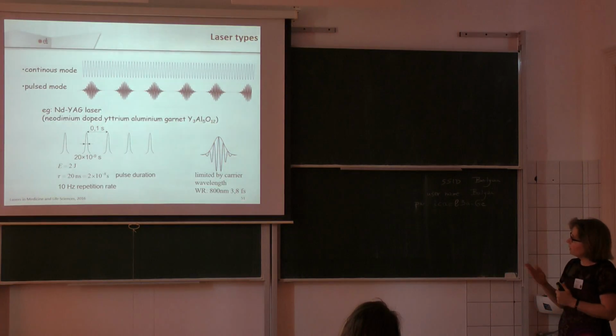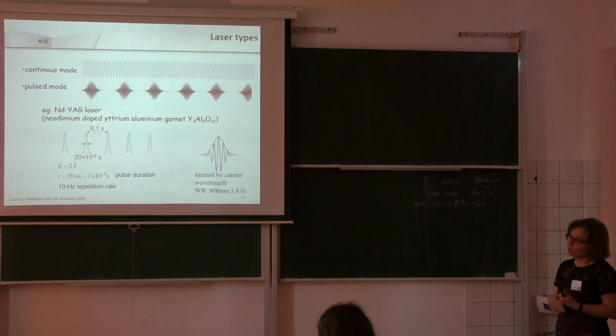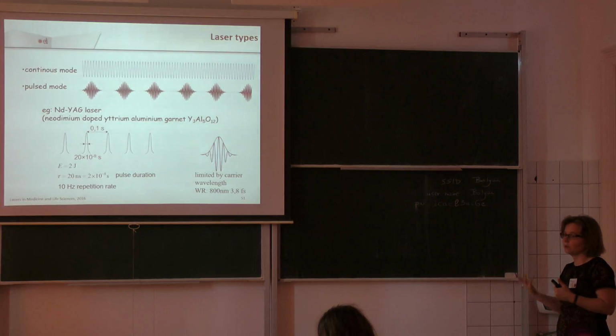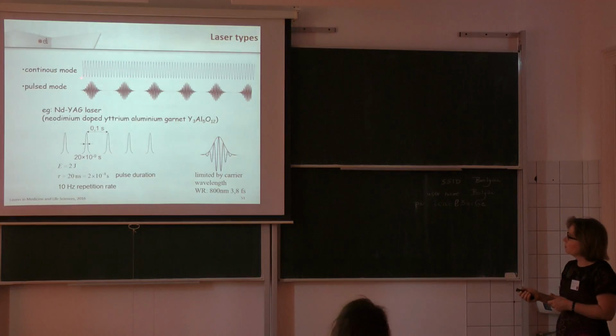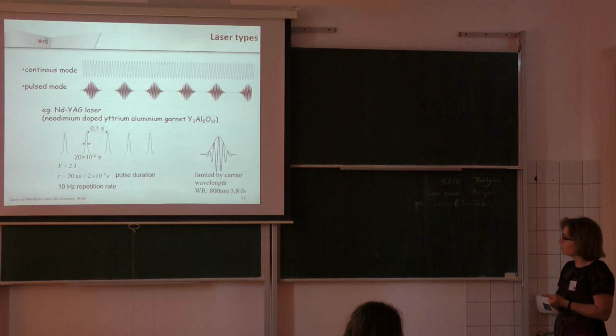And I would like to say a few words about pulsed lasers versus continuous wave lasers, because this is what the ELI lasers are really a very good example of, and this is where all the effort is being made to produce not a continuous beam of light, but rather a pulsed train of short pulses in the laser line.